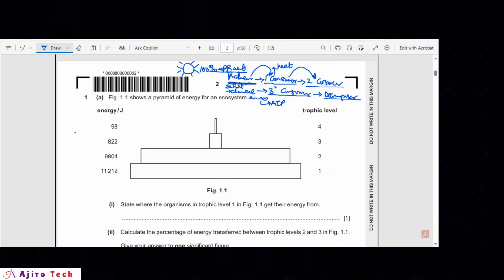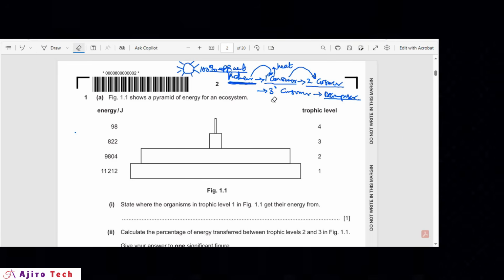Producers are also not able to convert the whole sunlight energy into chemical energy. Also, not the whole chemical energy the producer gets will get into the primary consumer, because energy is always lost as heat from one trophic level to another.